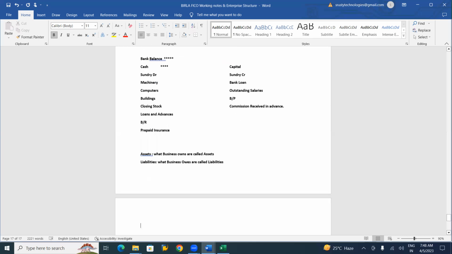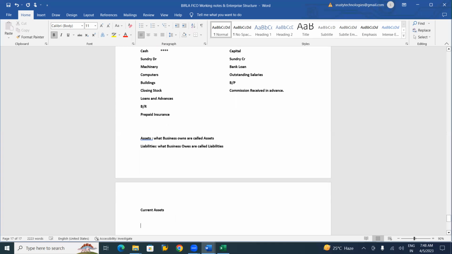Clear? And these assets are classified into two different types: current assets and fixed assets. Assets are broadly classified into current assets and fixed assets.